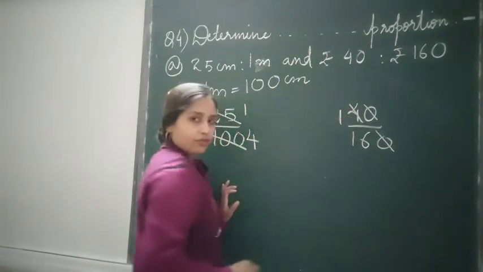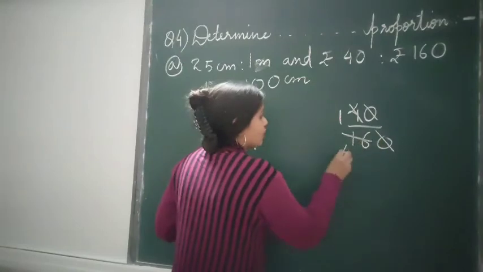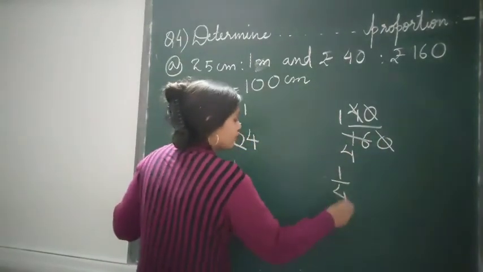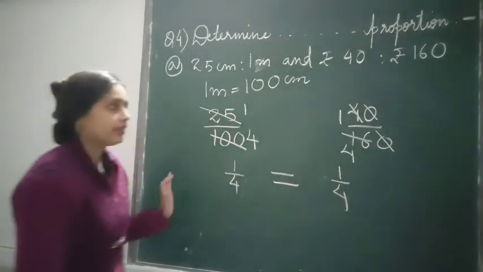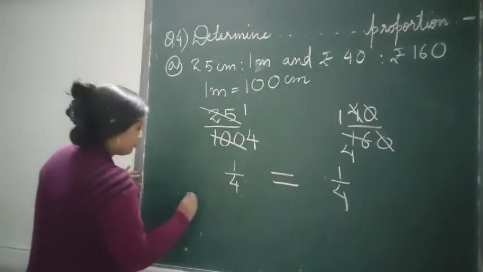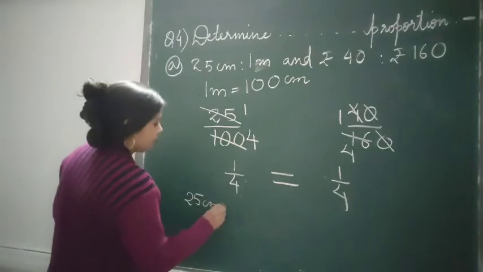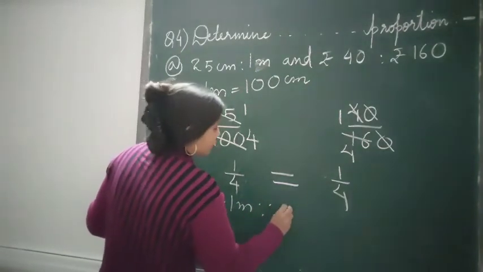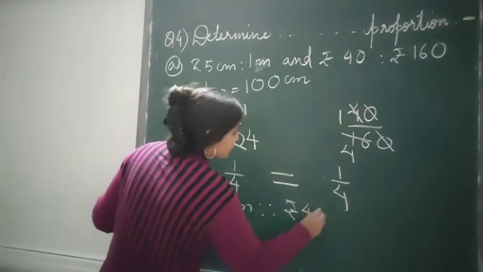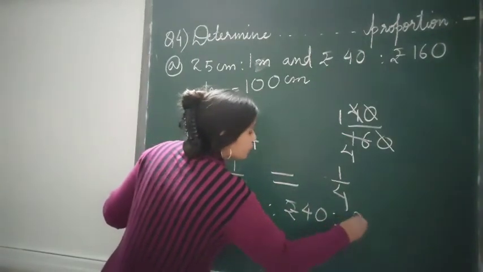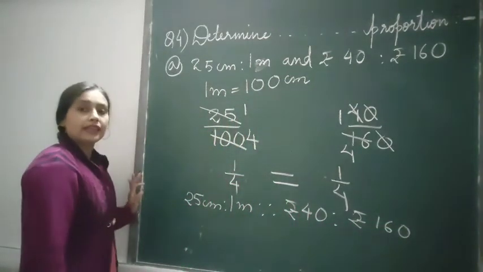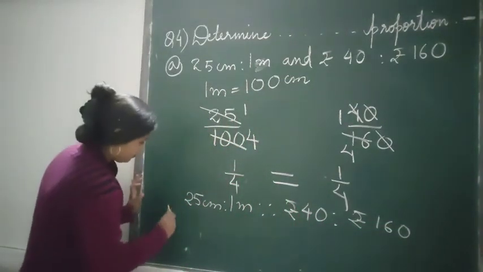So 4 ones are 4 and 4 fours are 16. So here also 1 by 4 and here also 1 by 4. Are they equal? Yes, that means 25 centimeters to 1 meter is proportional to rupees 40 to rupees 160. Now we have to give the middle terms and the extreme terms.